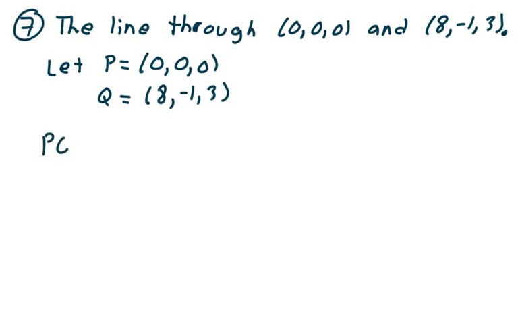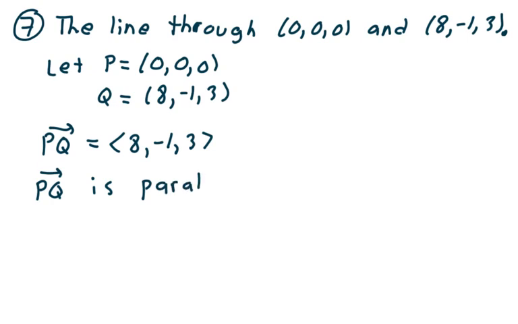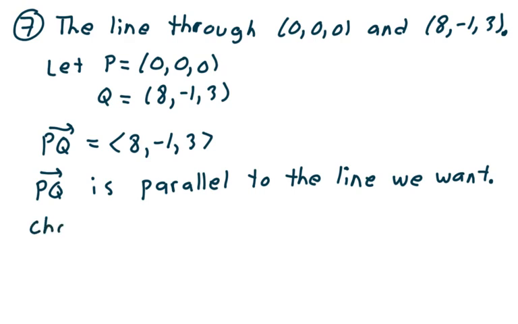So PQ is equal to the vector <8, -1, 3>. PQ is parallel to the line we want. And I'm going to choose P equal to the point (0, 0, 0).